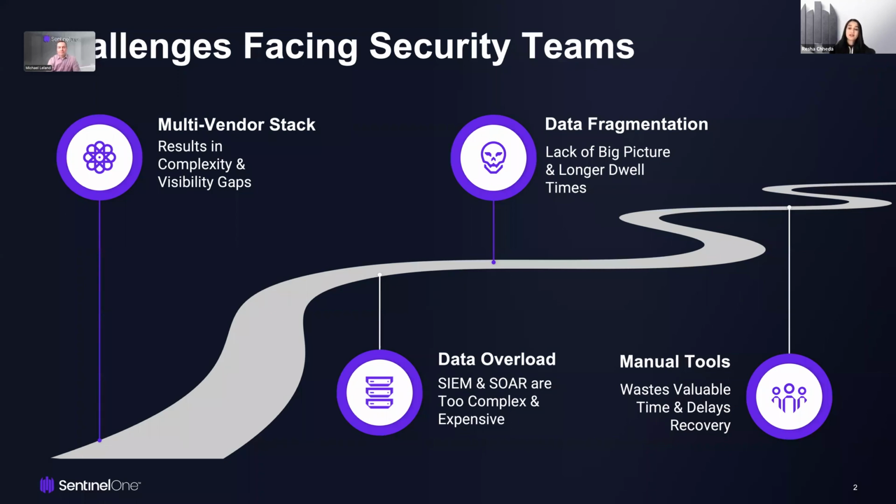This requires, in effect, the security team to jump from one system to another to piece the pieces of the puzzle together, if you will. And this, as you can imagine, inevitably leads to wasting precious time, misdetection, and lack of context during the triage and investigation process.